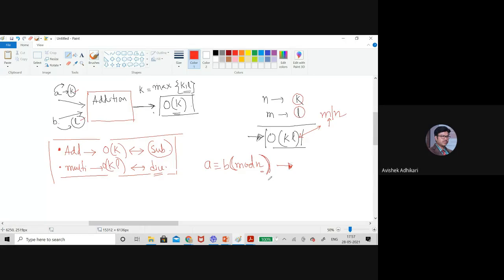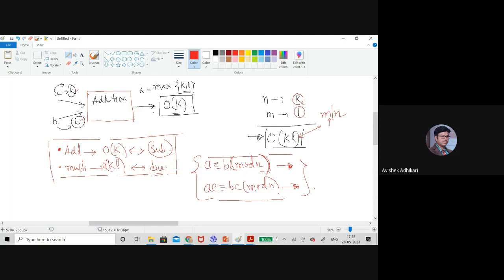It should be A, B, or n, or all of them. Or if you want to calculate AC congruent to BC modulo n. So you need to think about it. I'm giving you a kind of homework, or you just think on your own, which should be the input size, whether it should be the A size, B size, or n size, or any one of them, or all of them, and what should be these values.